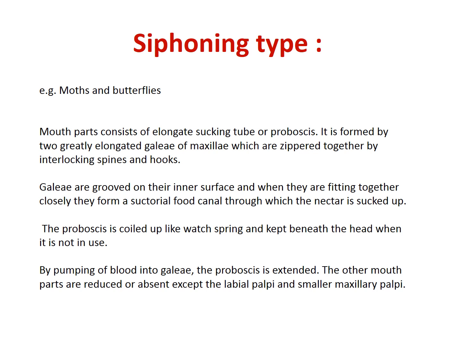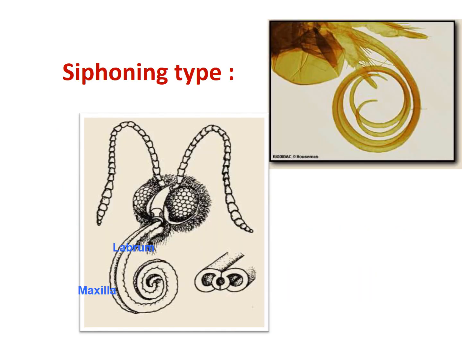The proboscis is coiled up like watch spring and kept beneath the head when it is not in use. By pumping of blood into gallia, the proboscis is extended. Other mouthparts are reduced or absent except the labial pulpi and smaller maxillary pulpi.